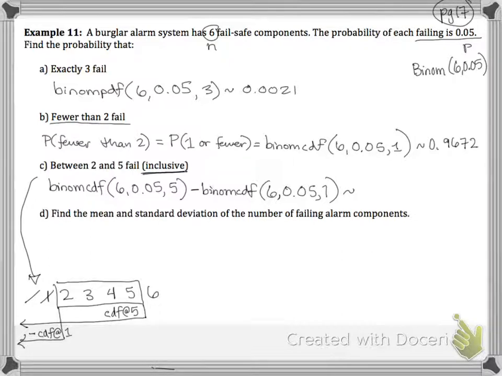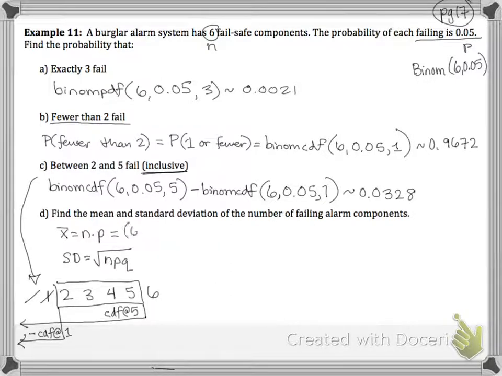And remember, like the last example, we can actually do this all at once in our calculator and get this particular answer. And now I want to follow up with one more example of practicing the mean and the standard deviation.